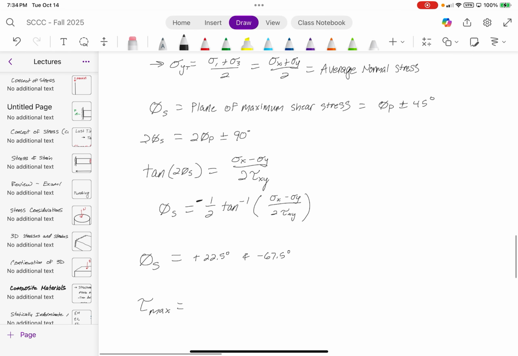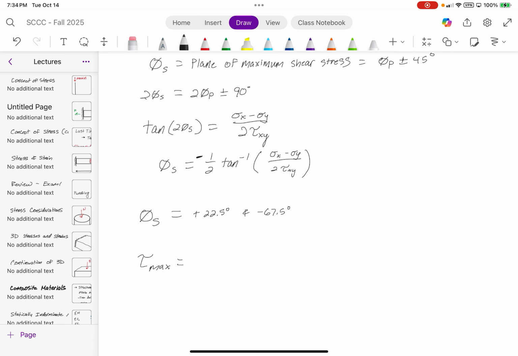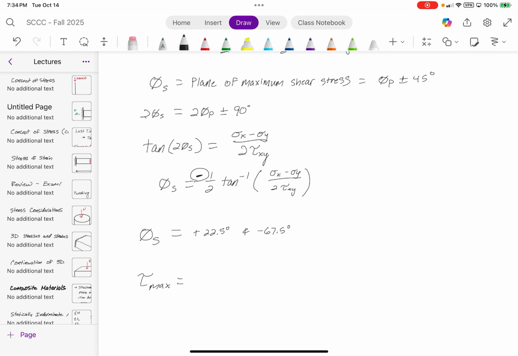How did you get the negative 67? That's what I did when I did the plus or minus 45. When I did the half inverse tan, I got negative 22.5. Yeah, I think it's supposed to be a negative sign at the front. You subtracted 45, because negative 22.5 minus 45. I forgot there was that extra part. I'm going to look into that further because my notes don't show it, but the plus minus 45 is correct. I know that for sure.